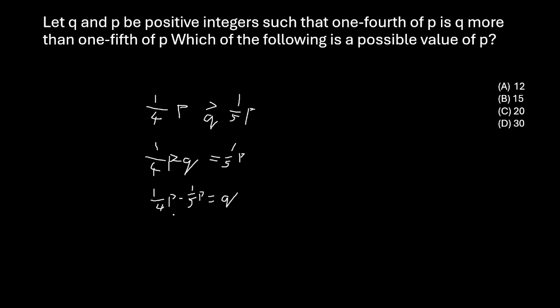So the common denominator here would be 20. We multiply the top and bottom by 5, it would be 5/20, and we multiply the top and bottom by 4, 4/20, so p over 20, because that's just 1, would be q.